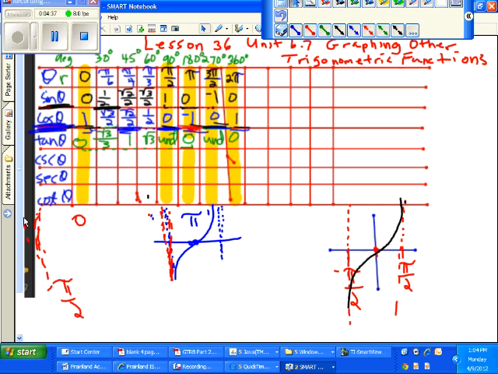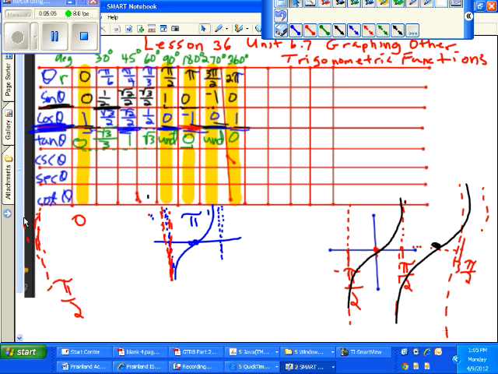Now that repeats itself. If we went another pi to the right, that would put us at 3 pi over 2. That's where the next asymptote is. Sorry about the smartboard doing everything crooked. And in the middle of that would be another 0, and then we would have a repeat of that tangent wave.